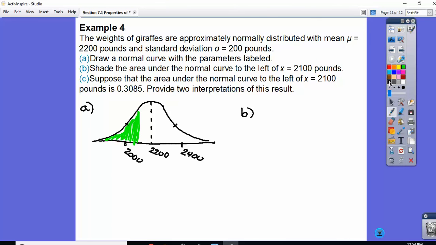Part C just says, suppose that the area under the normal curve to the left of 2,100 is 0.3085. Provide two interpretations of this result.